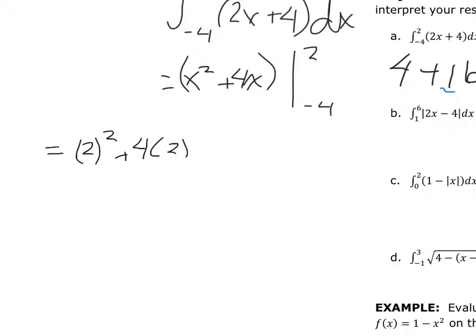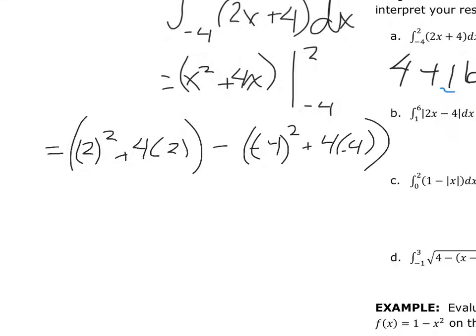It's your upper minus your lower. Minus, now I'm going to put in my lower. So I have negative 4 squared plus 4 times negative 4. So I end up with 4 plus 8 minus 0, which is 12.